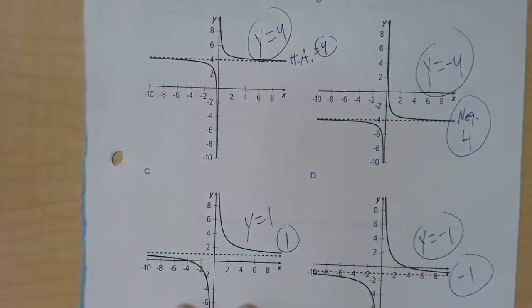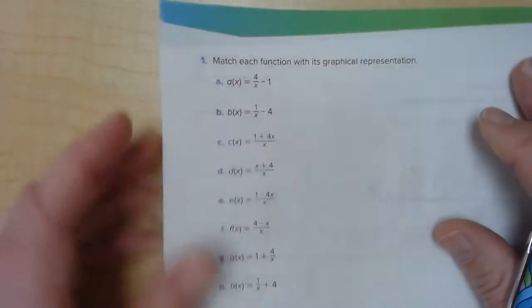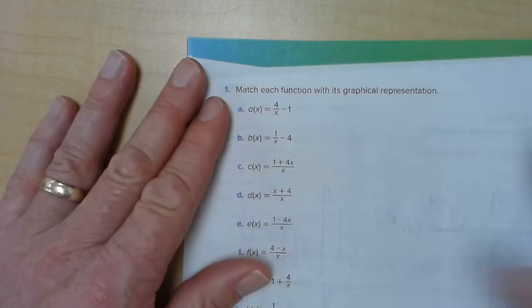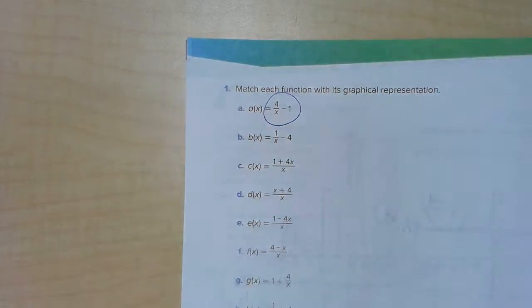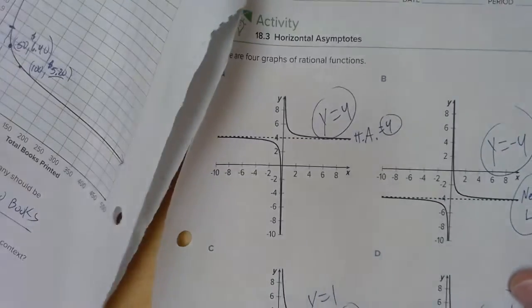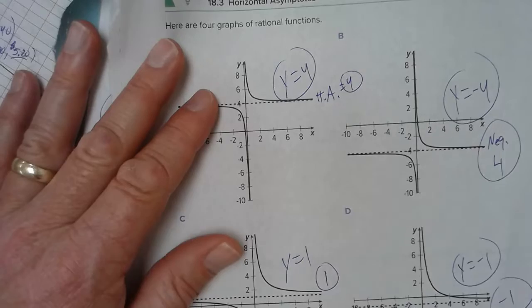So y equals always makes a horizontal line. All right, so let's see if we can match this up. Unfortunately, it flips over. So this -1, so that would say -1. So A is -1. So which one goes through -1? -1 is D. So this would be little a.